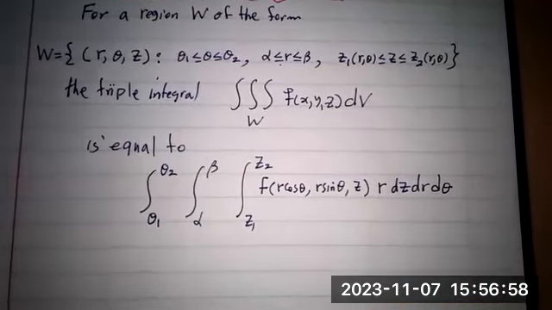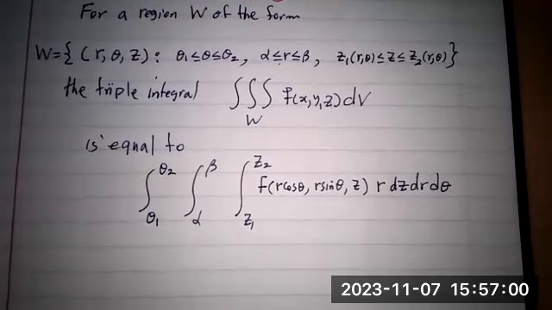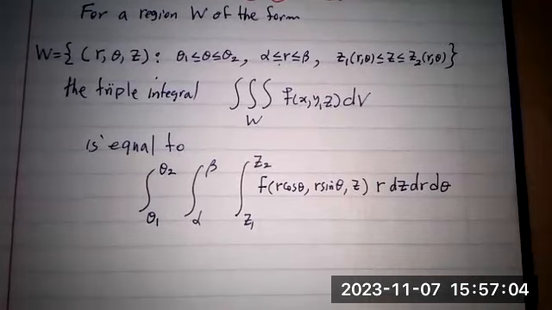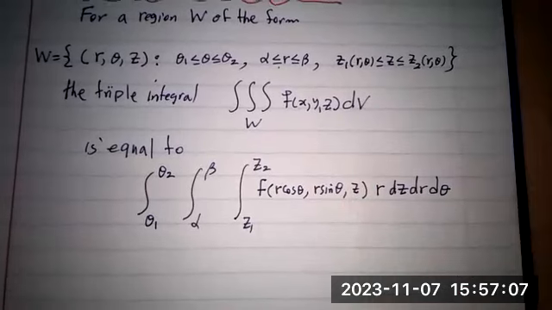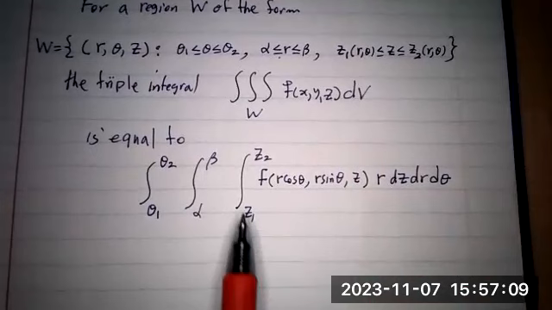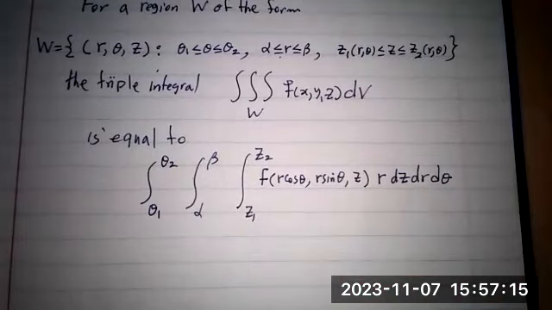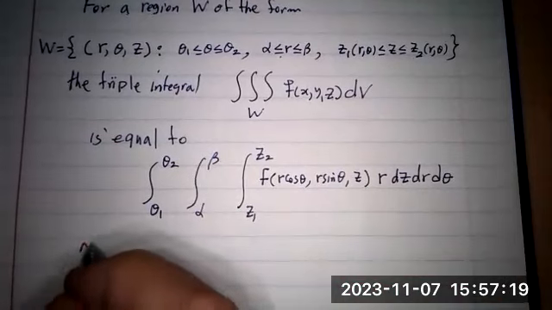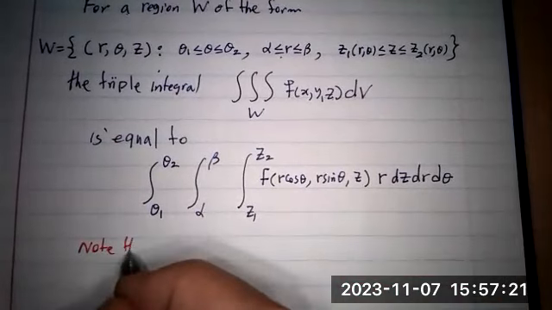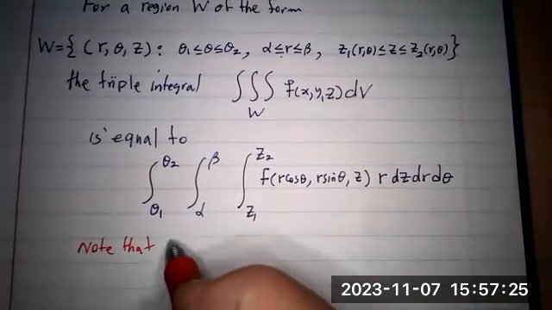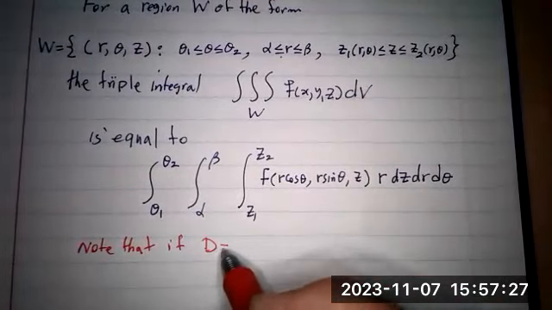If you forget about the z, it is just polar coordinates. So the projection of this three-dimensional solid into two dimensions is just polar coordinates. Note that if you forget about the z, in two dimensions you can have a region D as we did before.